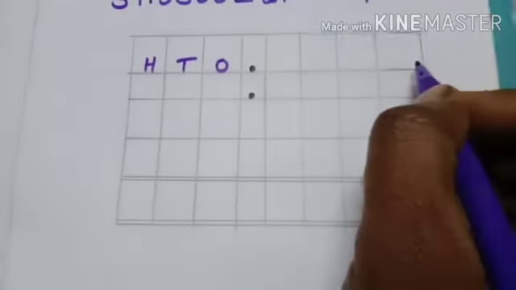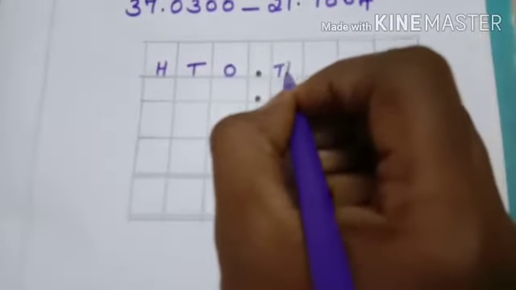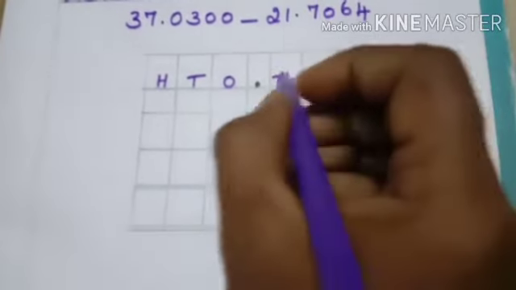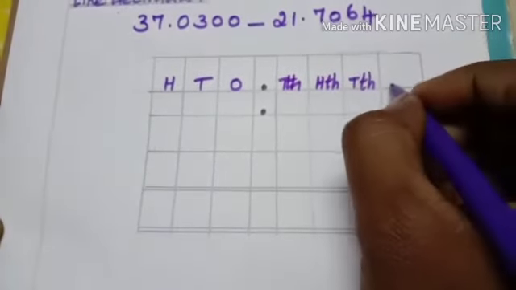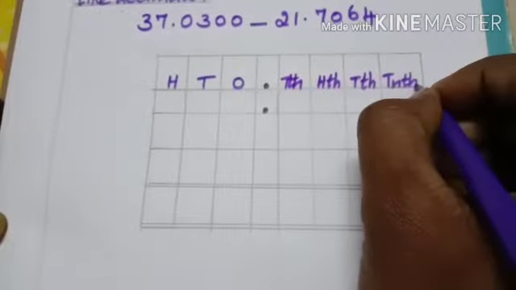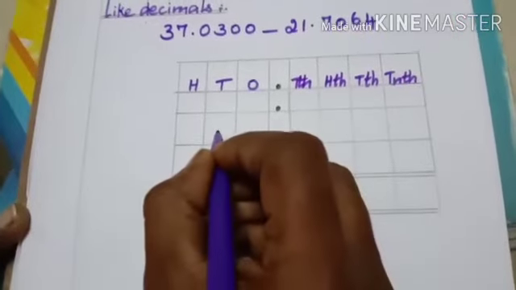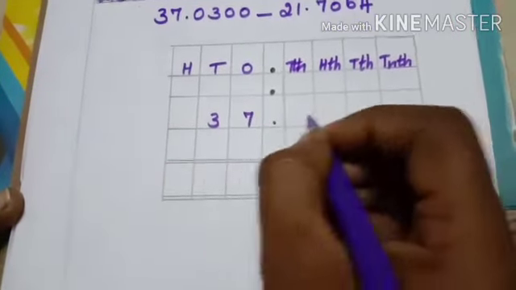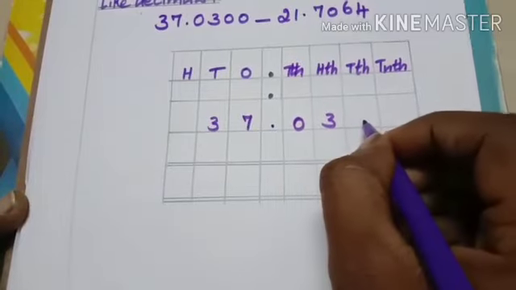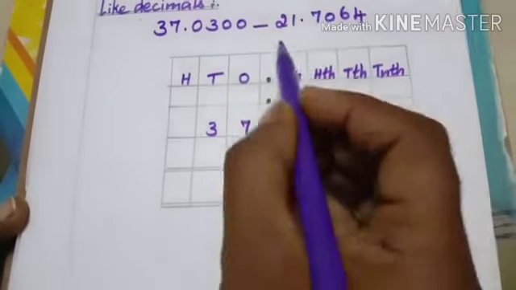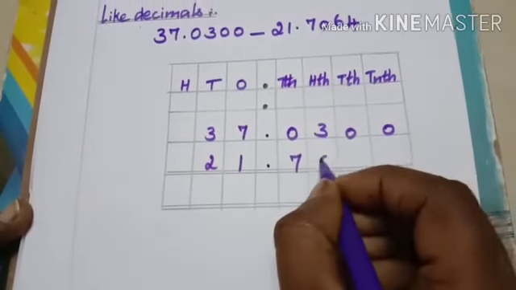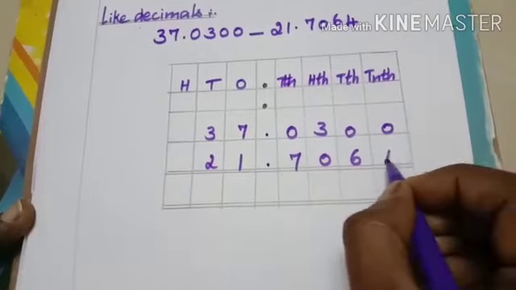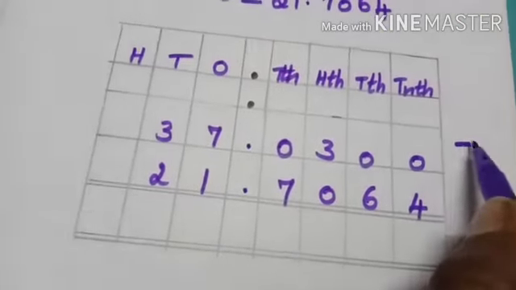After the decimal point the place value starts from tenths, hundredths, thousandths and ten-thousandths. Then we write the numbers 37.0300 and next 21.7064. We have to subtract.